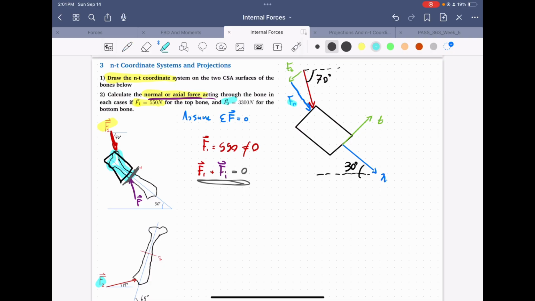And we want to find this Fn because that'll then tell us what the reacting Fn is, because we know that Fn plus Fn equals 0 because this bone is again not moving, and we assume static equilibrium. So how do we find Fn? Well, I like to say align the angles.